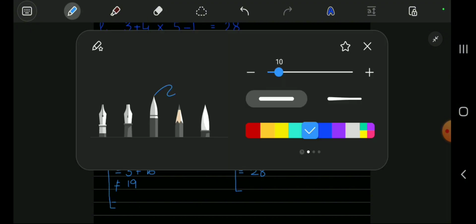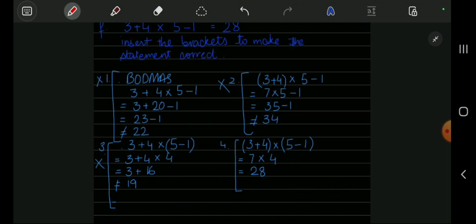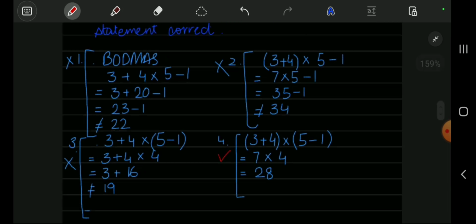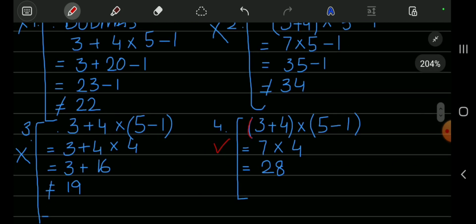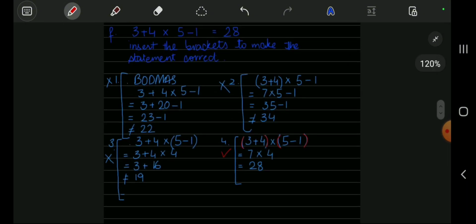We have to put two brackets to make the statement correct. I hope you understood this. Let's do one last question, an advanced version of the same thing, and your topic will be finished then.